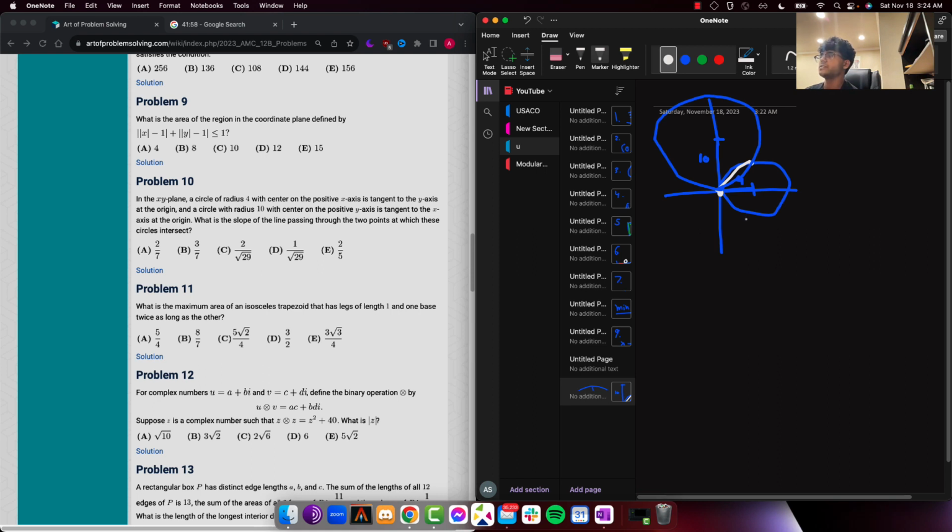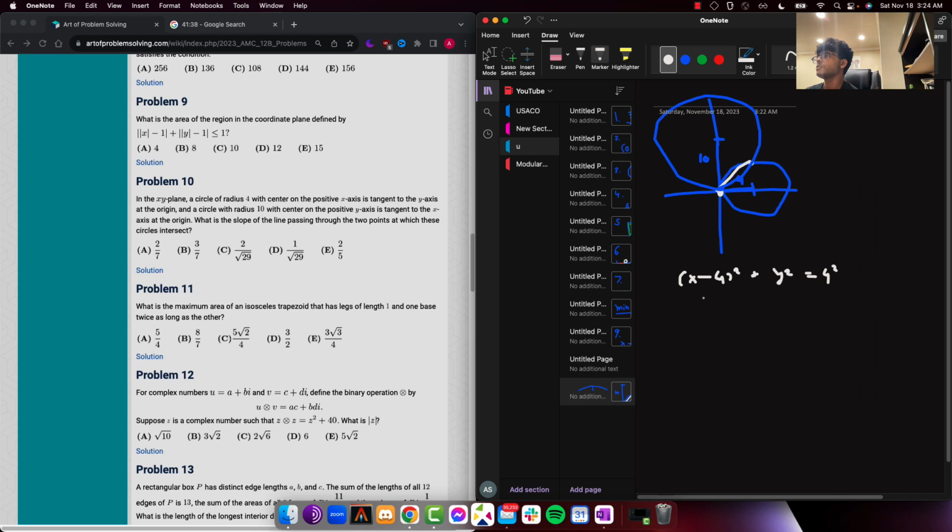So x minus 4. The writing will not be fun though. x minus 4 squared plus y squared equals 4 squared.